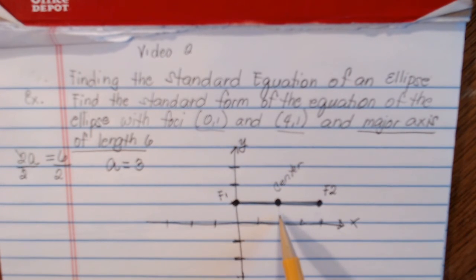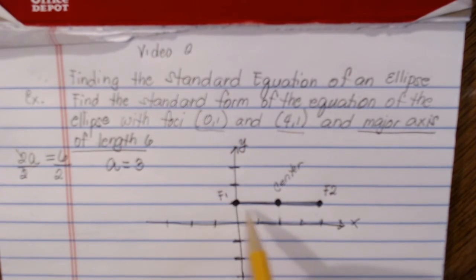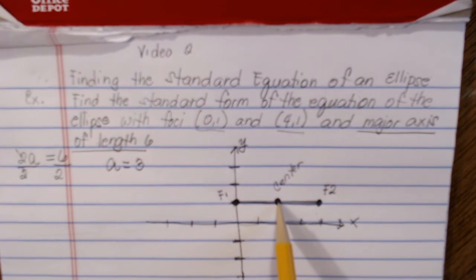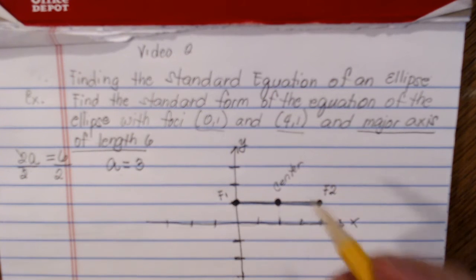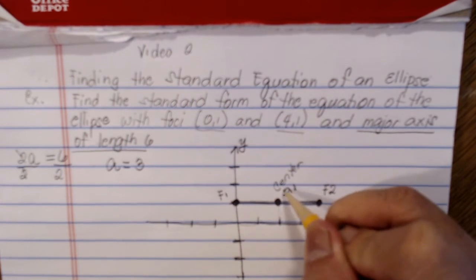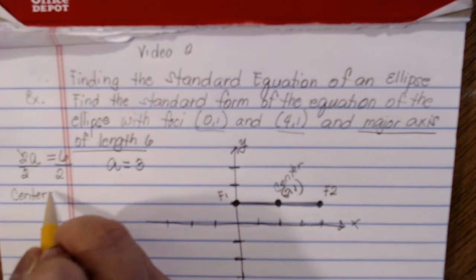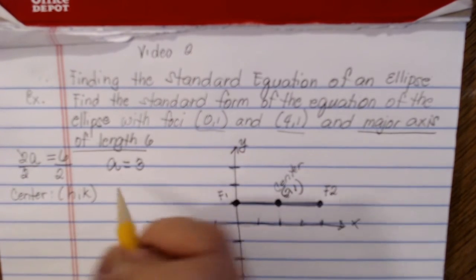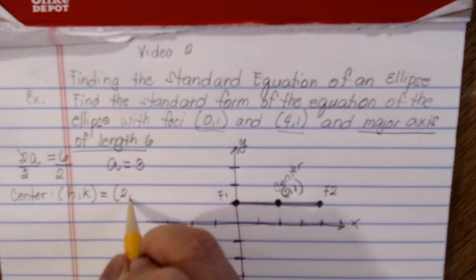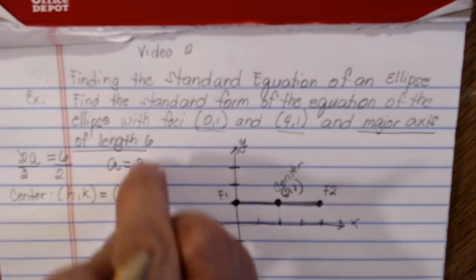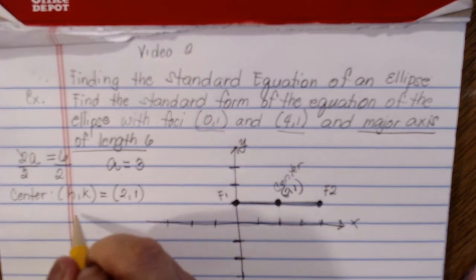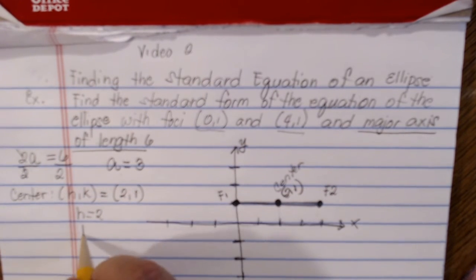Sorry, not (2, 0). (2, 1) is your center. The center is in the form (h, k), so that means my h is 2 and my k is 1.